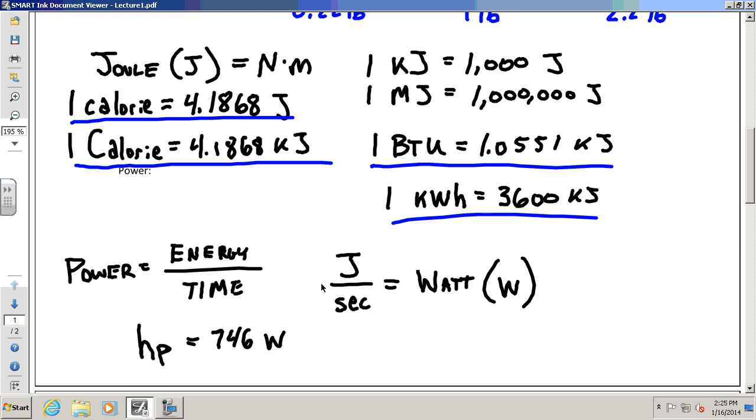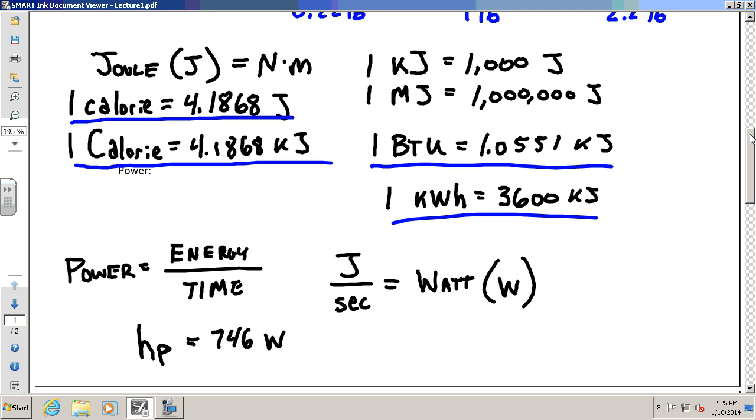That's pretty much the most common units of power. I guess you could make up one, BTU per second or something like that, but usually if you're in the English system and they don't want you to convert to watts, they'll ask you for it in horsepower. And by the way, all these conversions are in the back of your book.